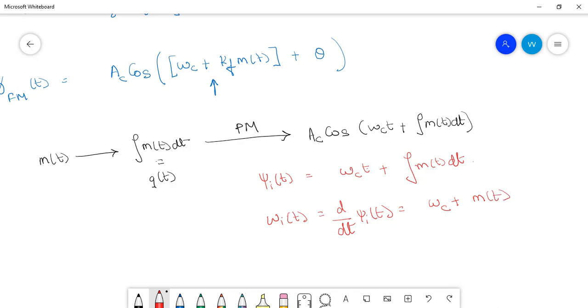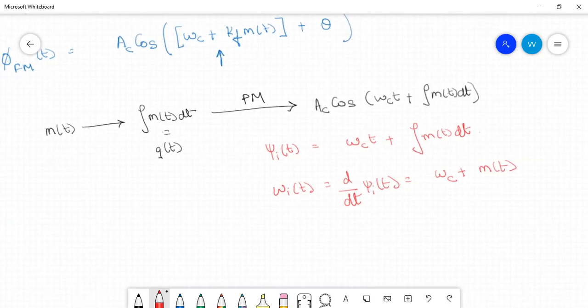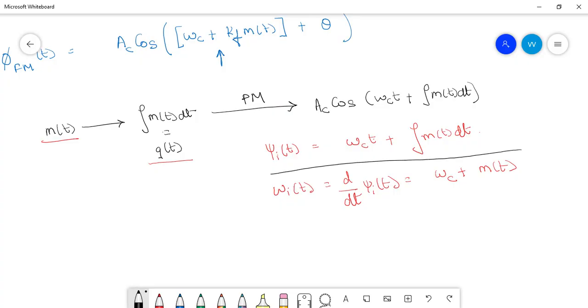Okay, so what have I done over here? What is the conclusion from this? If you take m(t), integrate it, and then do the phase modulation on the integral of that signal, you eventually get the frequency modulation of m(t).